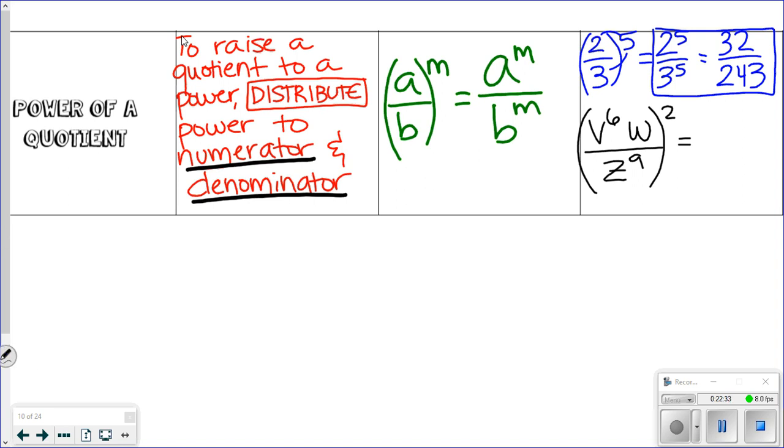And then the last one, distribute and multiply. So v, 6 times 2 is 12. w squared. And then in the denominator, z, 9 times 2, 18.